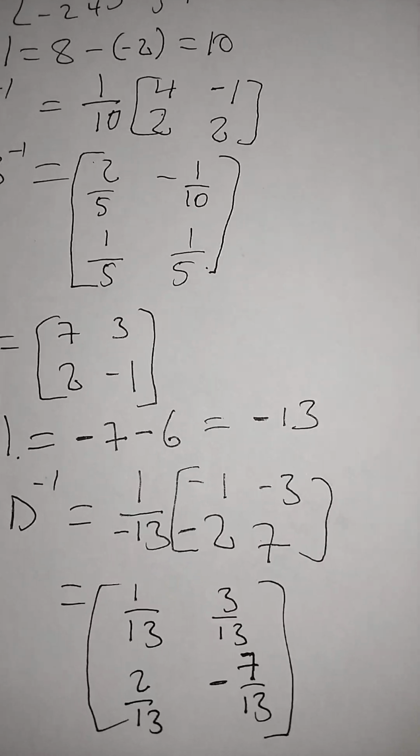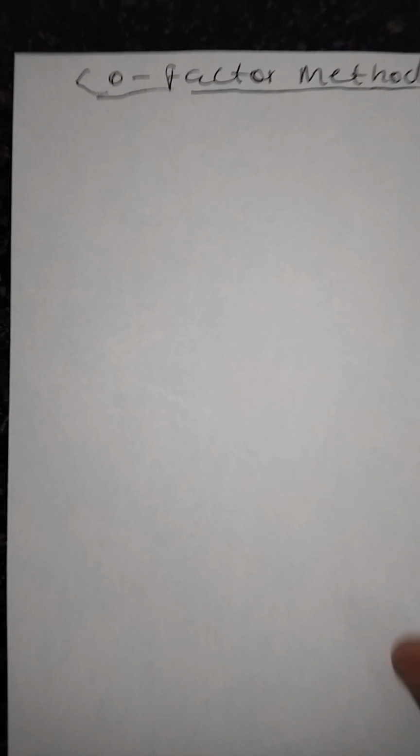So now I would like us to find an inverse of a 3 by 3 matrix using what they call the cofactor method. We know we can find it by using the identity, but I'd like us to consider using the cofactor method.